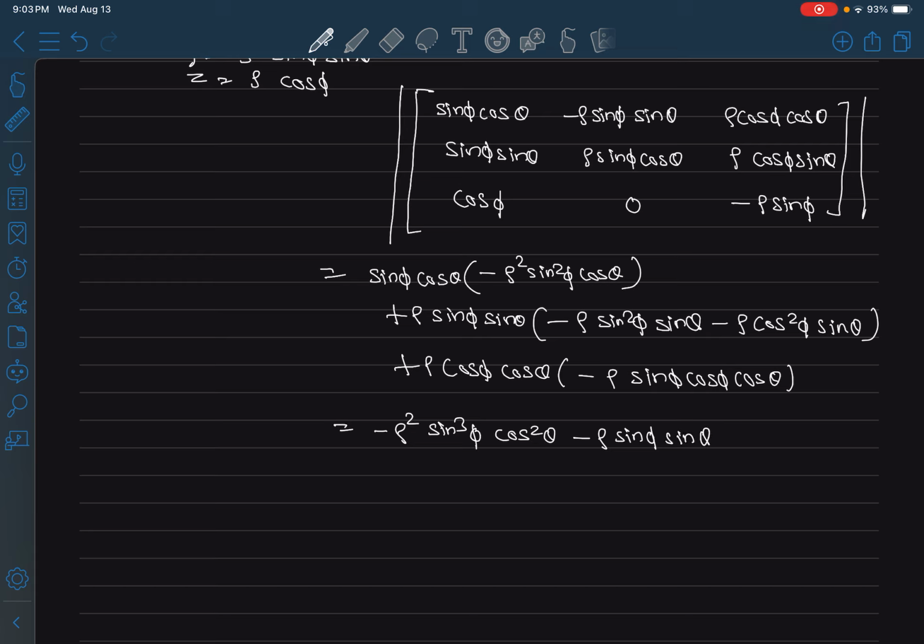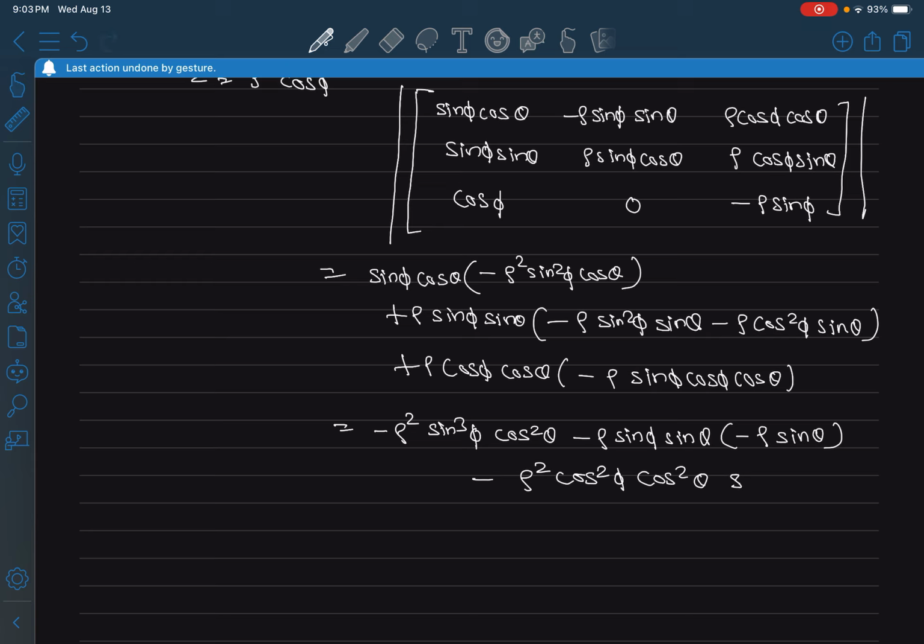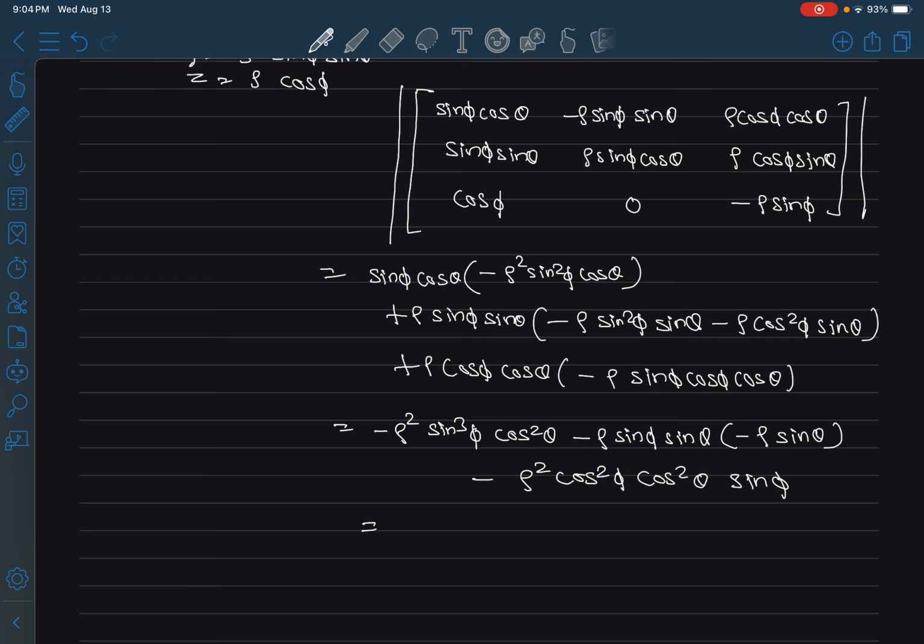And this one, if we take minus rho sine theta common, that will just go to 1 due to the Pythagoras theorem. So this is multiplied by minus rho sine theta. Okay, and then this is minus rho square cos square phi cos square theta sine phi.